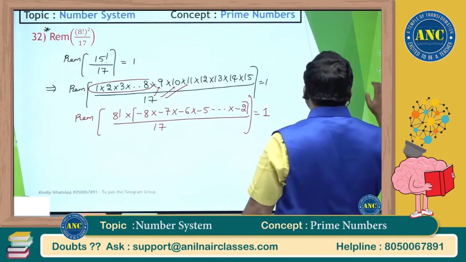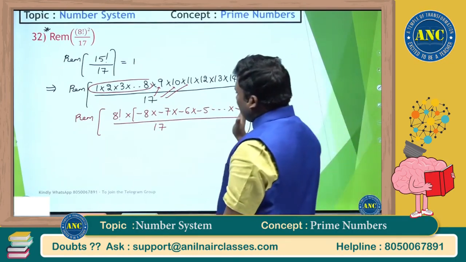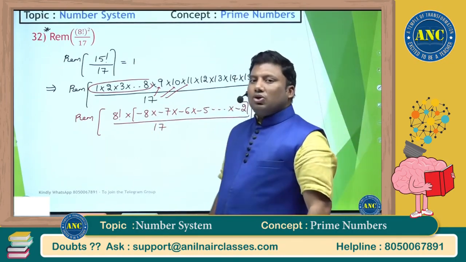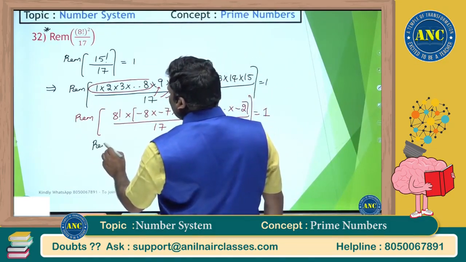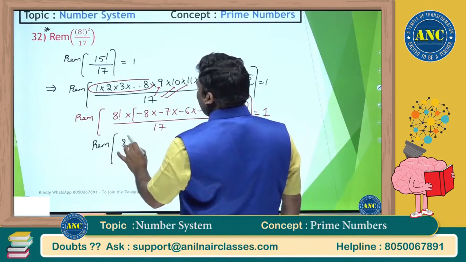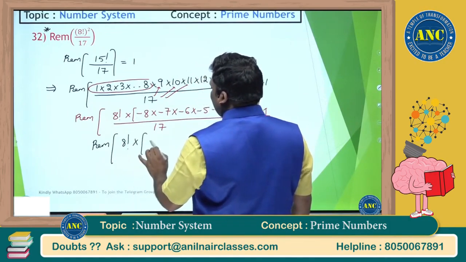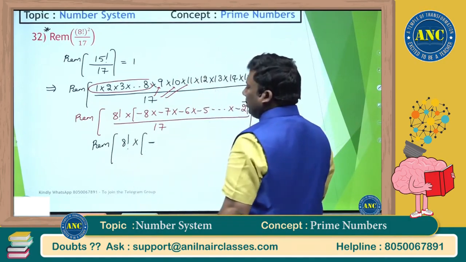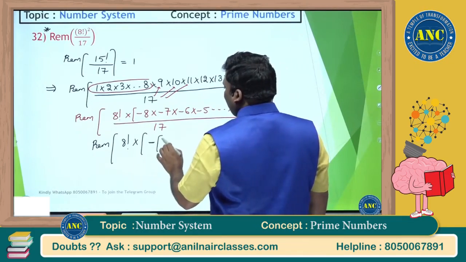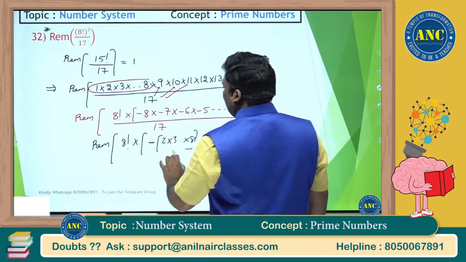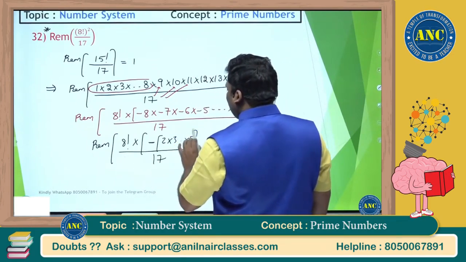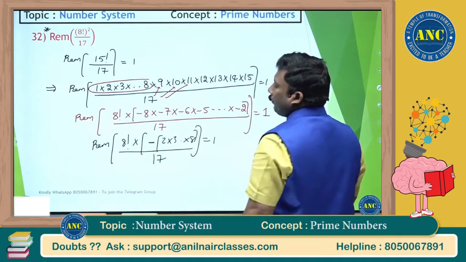Now see here. Listen carefully. Just a question twisted. From 2 to 8, there are 7 negatives. 8 factorial into 7 negatives, it is negative: minus 2 into 3 till 8, divided by 17, it is 1.